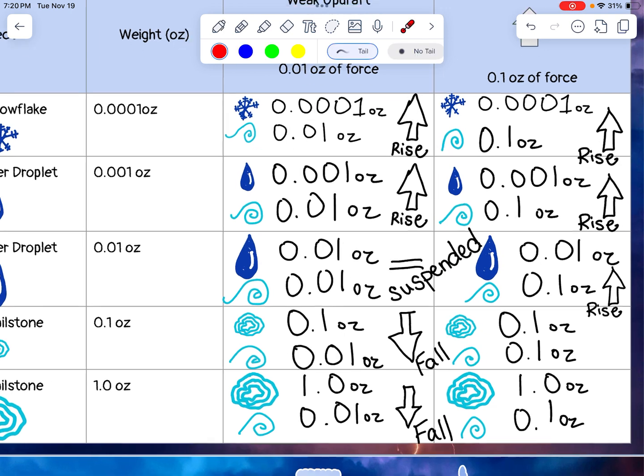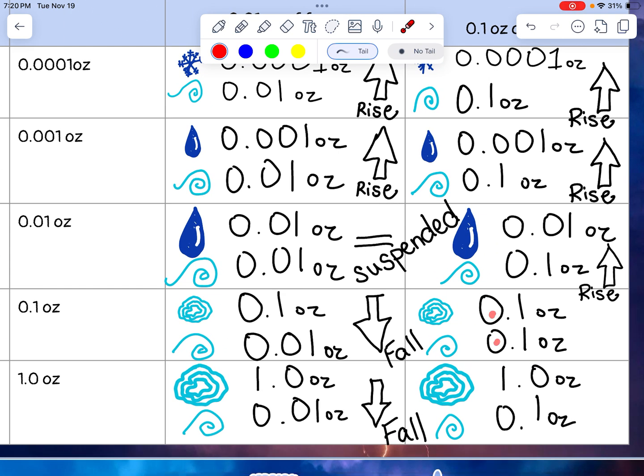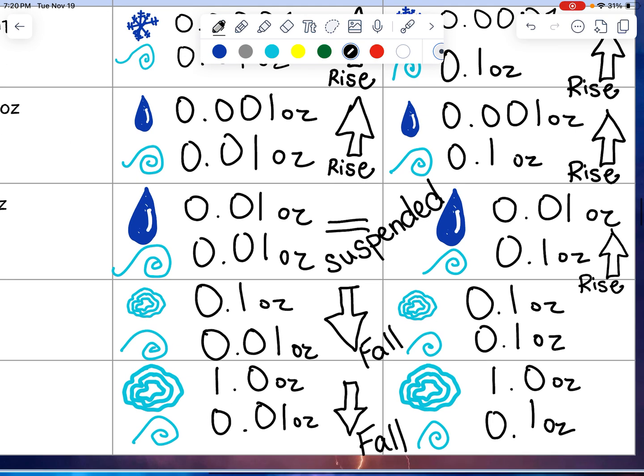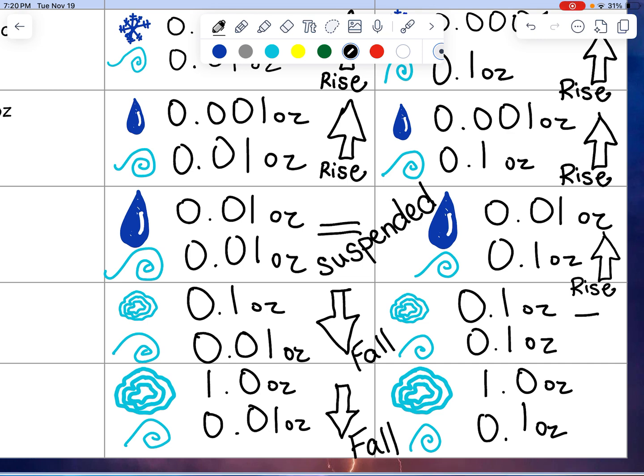So let's compare these numbers. 0, 0, it's a tie. 1, 1, it's a tie. Okay, this happened once before. This means that the small hailstone isn't going to rise. It isn't going to sink. It's going to stay the same. It's going to be suspended.